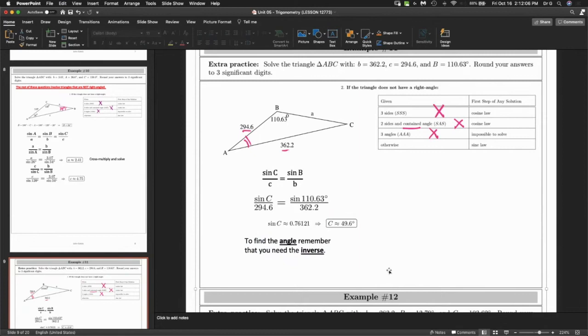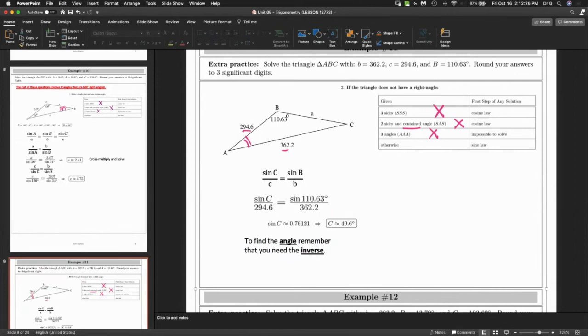Hopefully that is a reminder, and I did this little blurb here on an earlier question as well. Once you have angle C, the rest of the question unfolds nicely, because then you can finish off the question by finding angle A and side A.